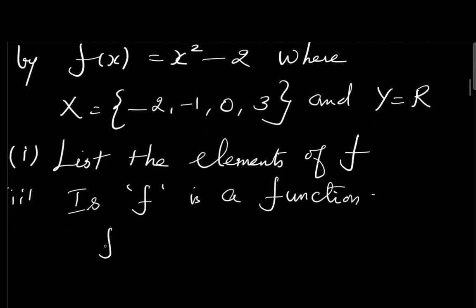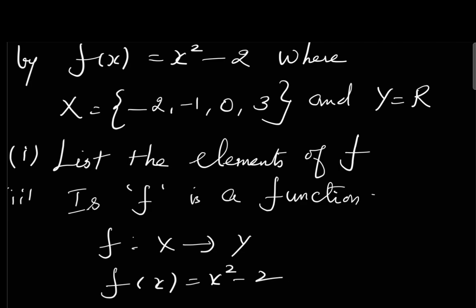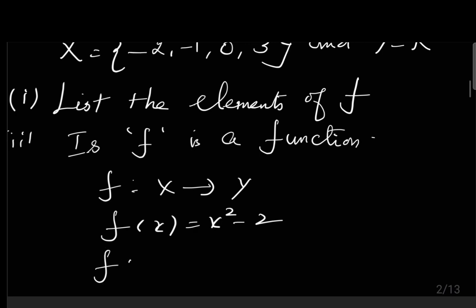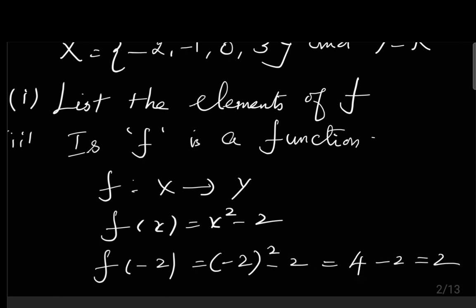So the function f is from X to Y. We defined f of x is equal to x squared minus 2. We take the elements of X from the set X. First let me take minus 2. So that is minus 2 the whole square minus 2. Minus 2 the whole square is 4, 4 minus 2 is 2.